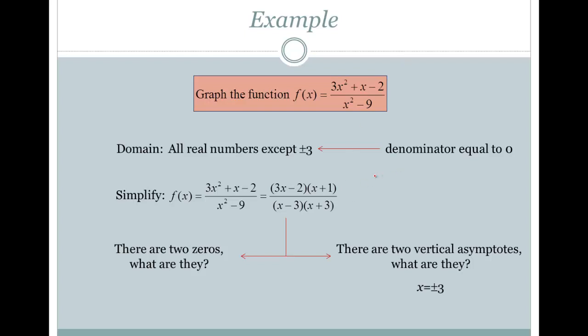So my zeros are when 3x minus 2 is equal to 0, which means x is equal to 2/3, or when x plus 1 is equal to 0, or x is equal to negative 1. Those are my two zeros. And I know my y-intercept: when I plug in 0 for x here, I get 2/9. So there's some useful information right there.